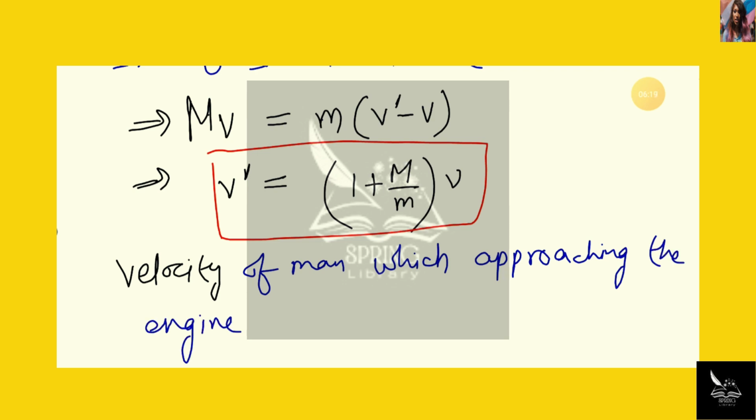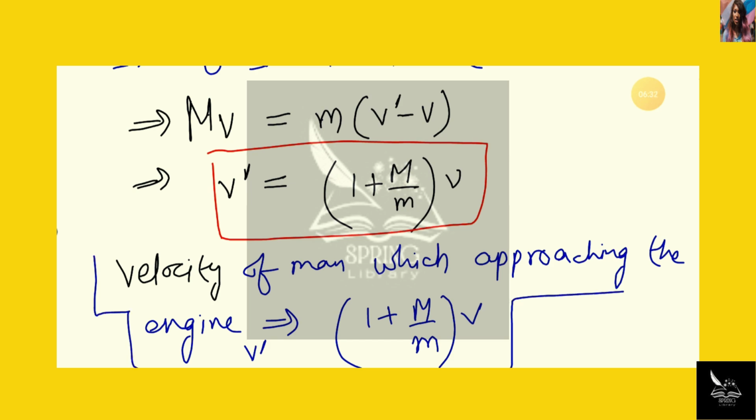So in the parenthesis, 1 plus capital M over small m, multiplied by v. So this is the answer to the given question. Hence I have solved the question completely. Thank you.